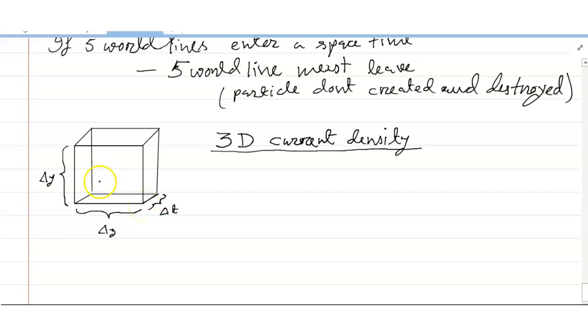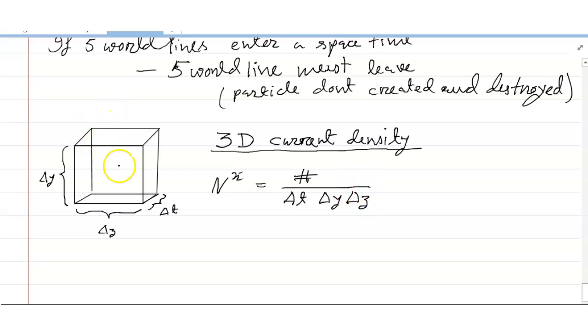I just create del y, del t, and del z, and the 3D current density nx can be written as the number of particles divided by del t into del y into del z.